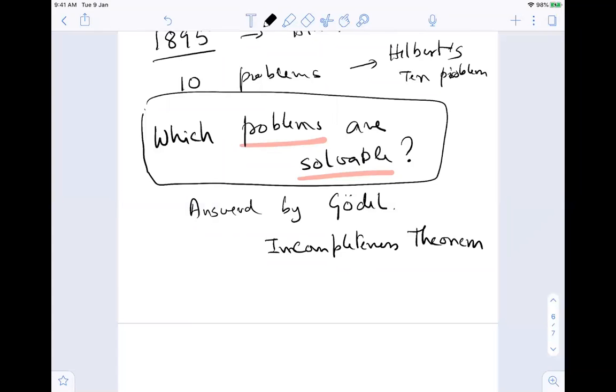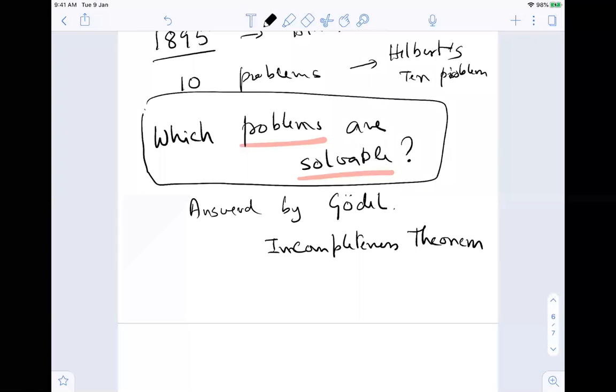That means there will always remain a problem which cannot be answered using the set of axioms or formal proper deductions from the axioms. And the most amazing thing is that you can't even tell me whether, if I give you a problem, the problem is solvable or not solvable.